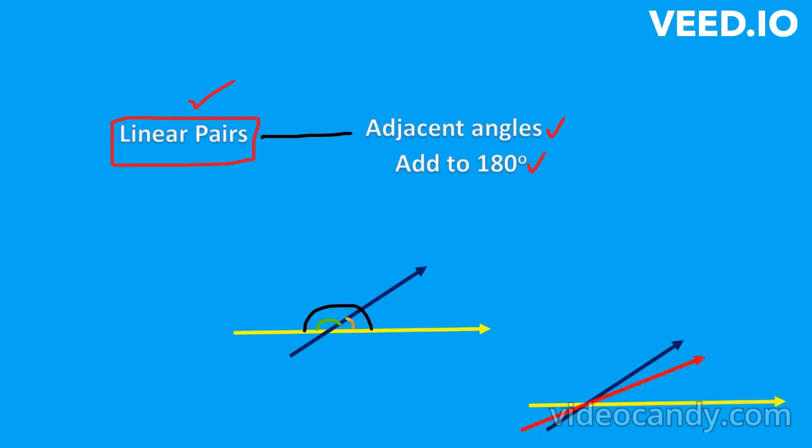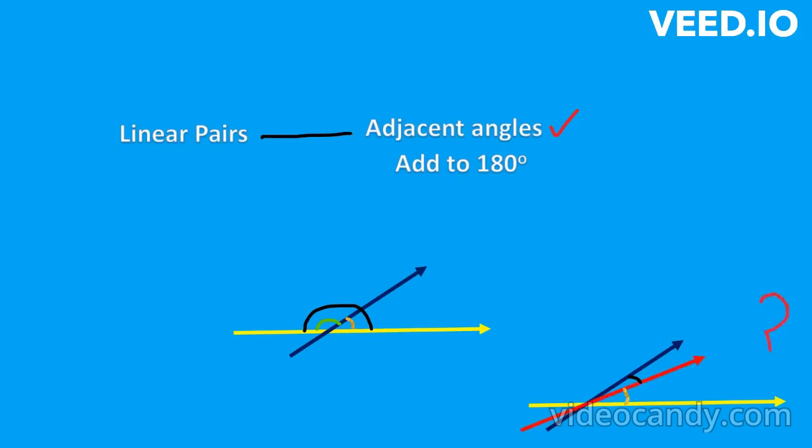So let's talk about two angles here. This is angle 1. And this is angle 2. Now let's see, are these adjacent? Yes, they're adjacent because they share a common side. This one.